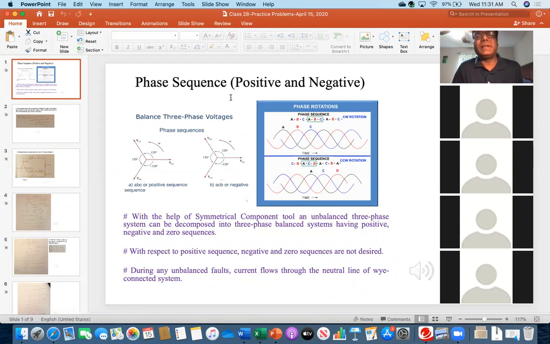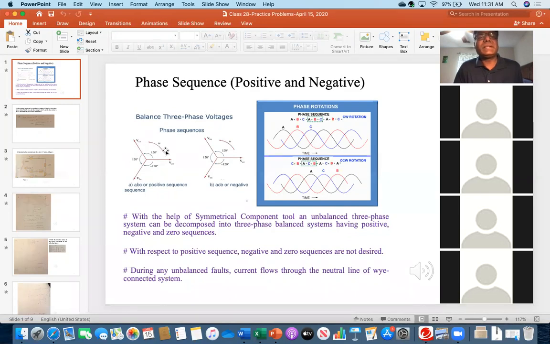And I have written in parentheses positive and negative. So what is that? Everybody see the below diagram, ABC or positive sequence. So you know that VAN, then after 120 degrees VBN, then again after 120 degrees VCN, or in anti-clockwise, it is plus 120 degrees.